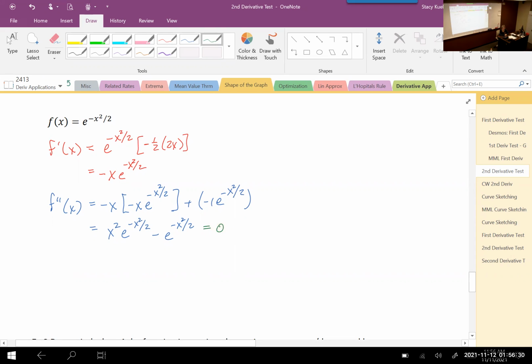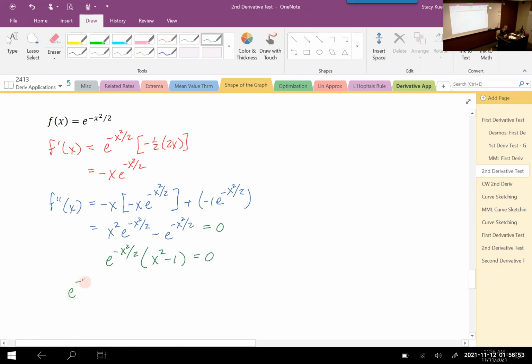The nice thing about setting things equal to 0 is if I can get it factored, I take each of the factors and set them equal to 0. So I could factor out e to the negative x squared over 2 from each of those terms, and I'm left with x squared minus 1. Both of those are equal to 0.